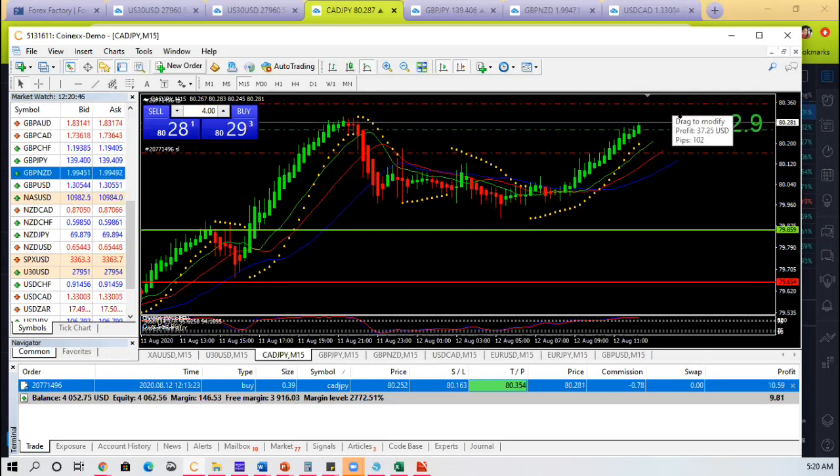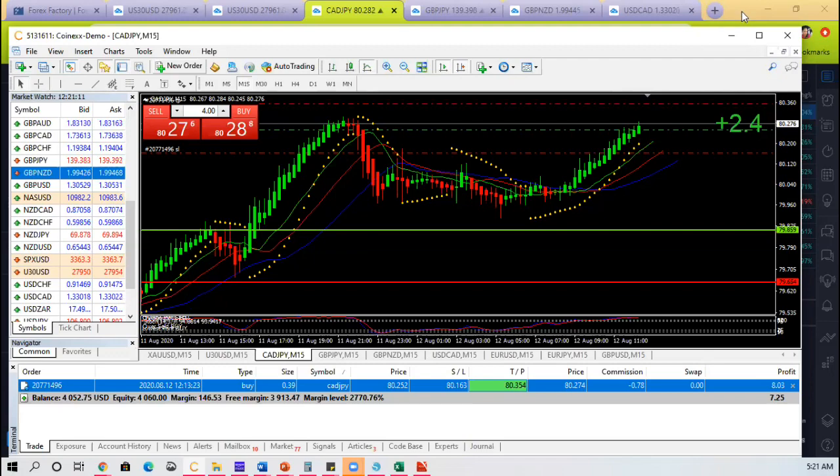Okay, and that's 10.2. So that's a little over 10 pips right there. So that is where we will leave our take profit. All right, so that trade is running. It's in profit.